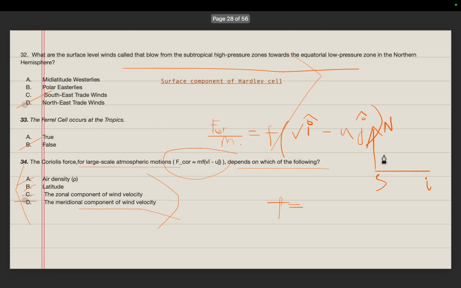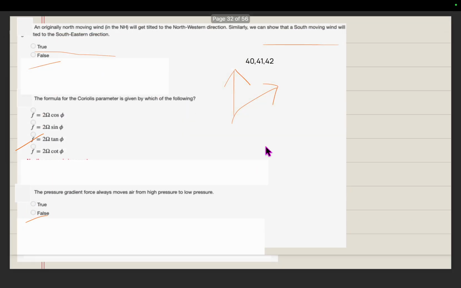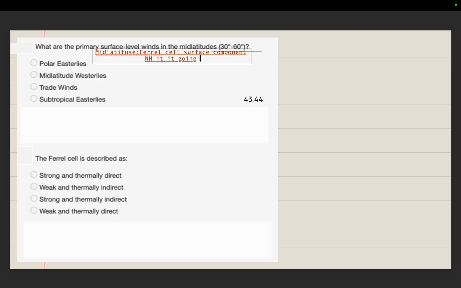In the northern hemisphere it is moving upward, from 30 degrees north to 60 degrees north, moving towards the east, then originating towards the west. This is known as the mid latitude westerlies.